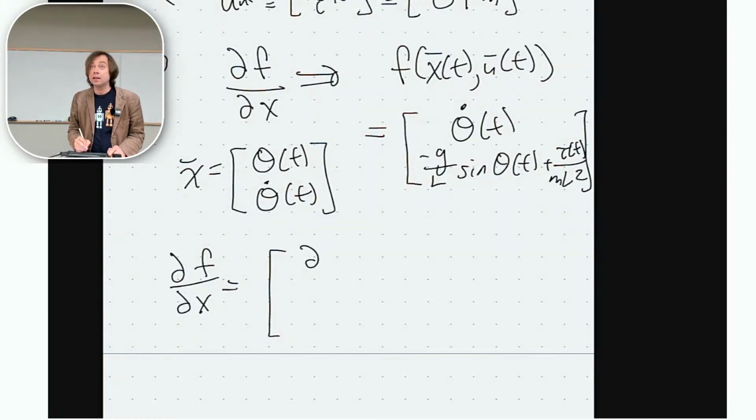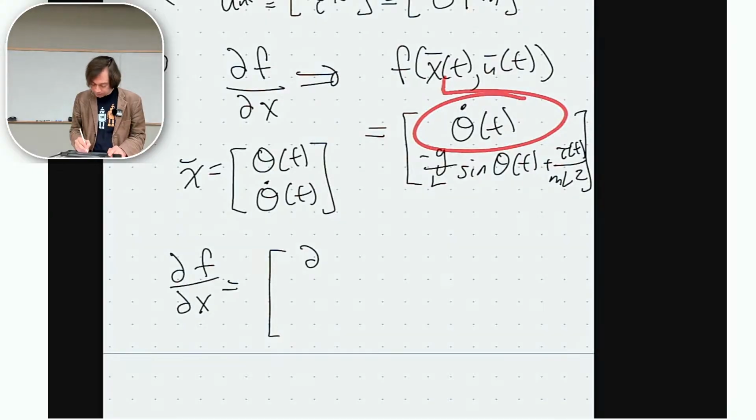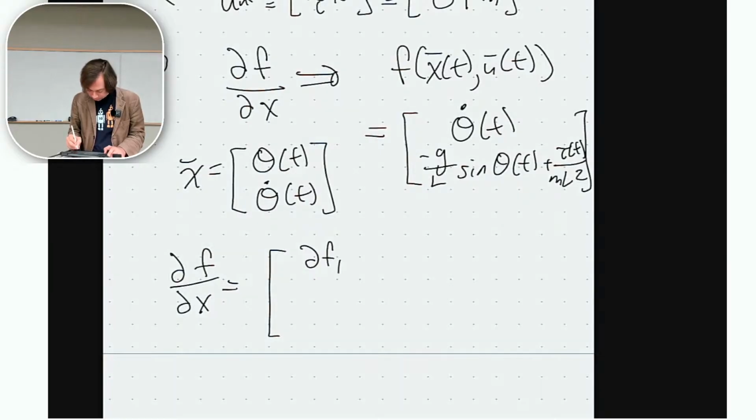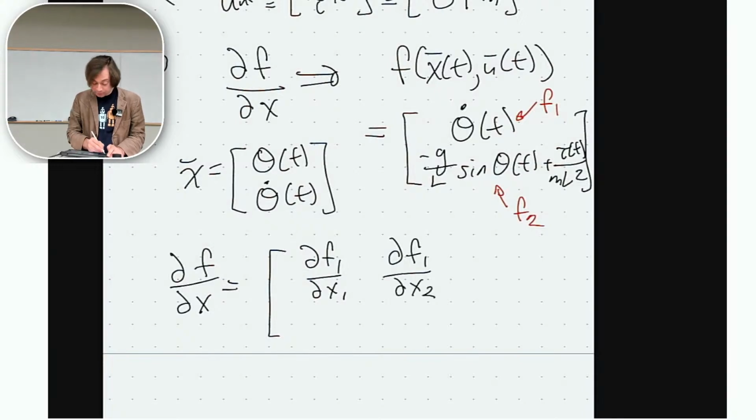So in the first row, given the fact that this is our first row of f, we'll say partial f1, where this is f1, and this we'll call f2. So it's partial f1, partial x1, partial f1, partial x2, because again, we're keeping on the same row, we're keeping the top the same.